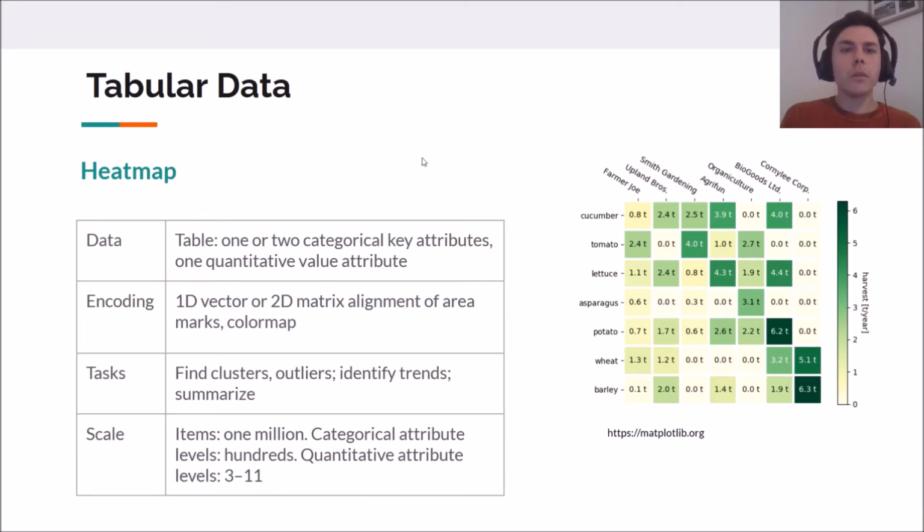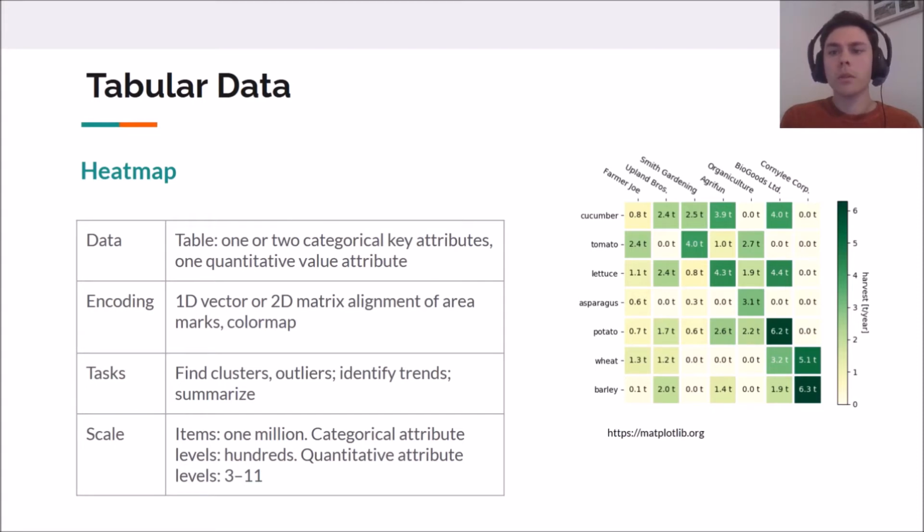Finally, another visualization technique for tabular data is the heat map. In a heat map we have either one or two categorical key attributes that are aligned along the axis of this heat map. We have an additional numeric attribute, a quantitative value, that is encoded in the color. Heat maps work very well for letting users find clusters or outliers.